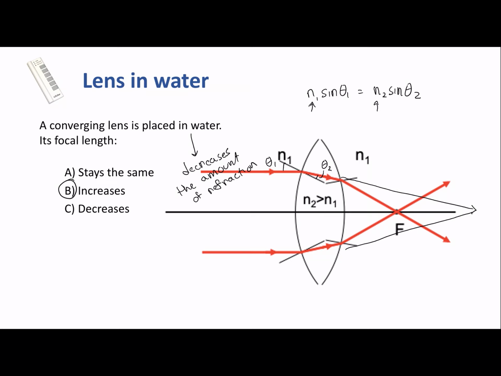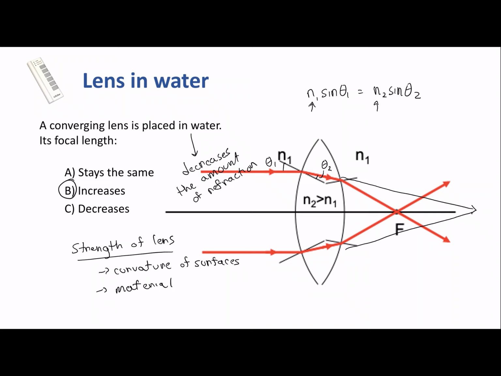So, a couple of takeaways here. If I want to play with the strength of a lens, I can vary two parameters. I can vary the curvature of the surfaces, and I can vary the material. Both the material the lens is in, but also the material the lens is made out of.